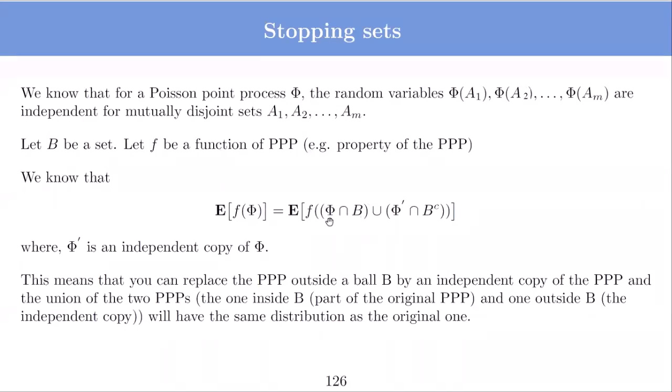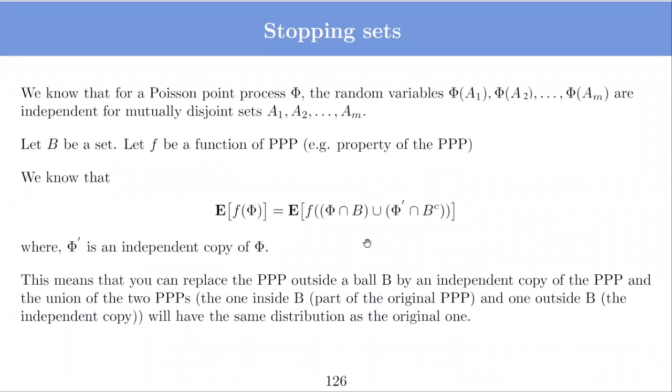Phi intersection B means phi which is occurring in B, so all the points of phi which are in B. And then phi dash is an independent copy of phi, which has the same distribution as phi, but is independent. So you take that copy and take the intersection with B complement, which means you take all the points of this independent copy outside B. And then you take the union.